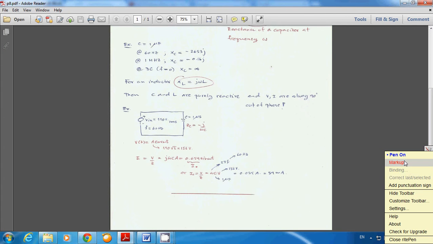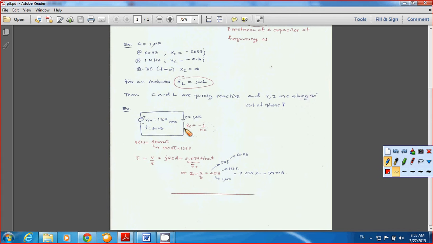Take a look at another circuit here. You have a capacitor connected to the supply voltage, and you know that Vt equals A cosine omega t, and A simply becomes 110 volts RMS. If you want the amplitude, you multiply 110 by square root of 2, and you end up with 156 volts.